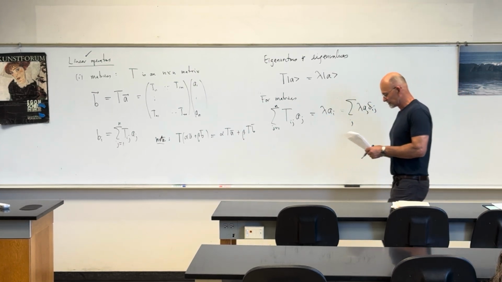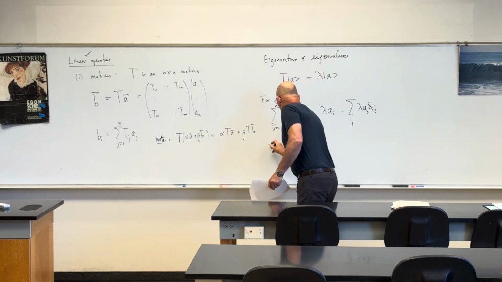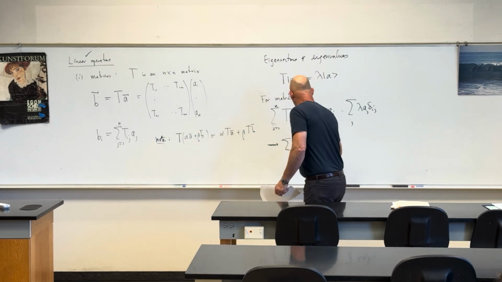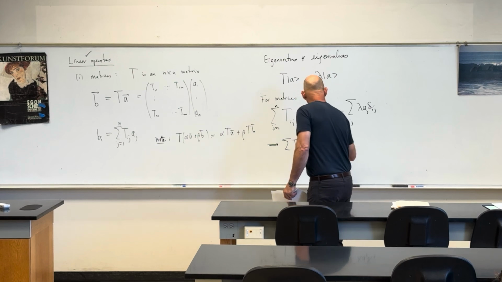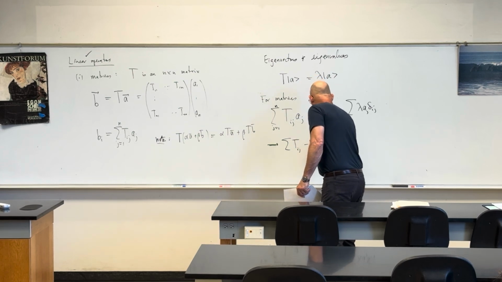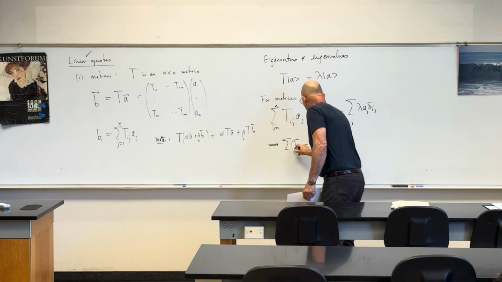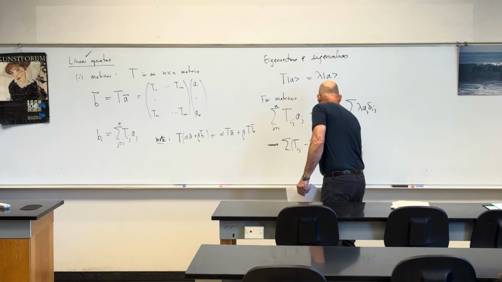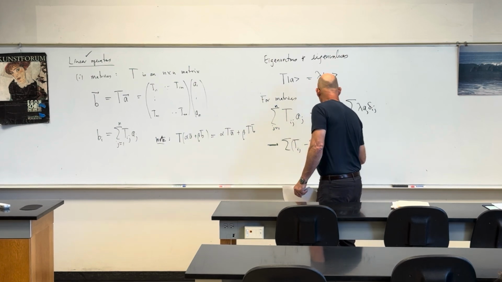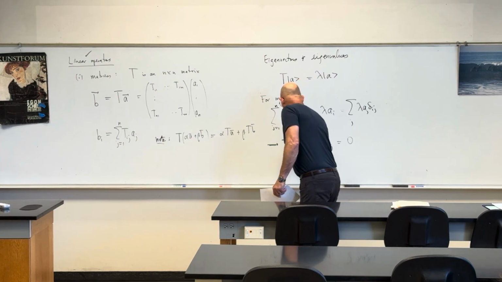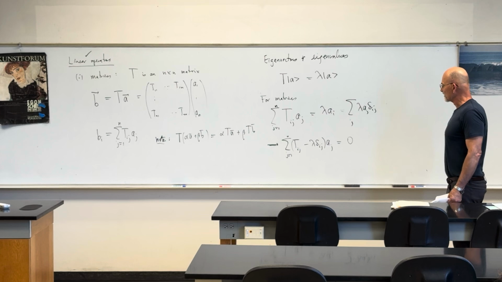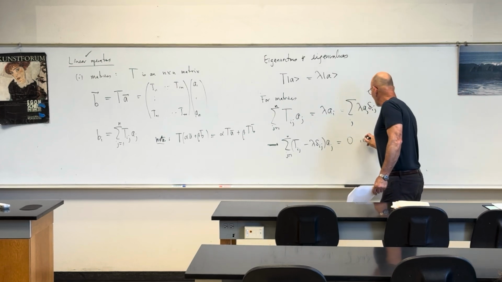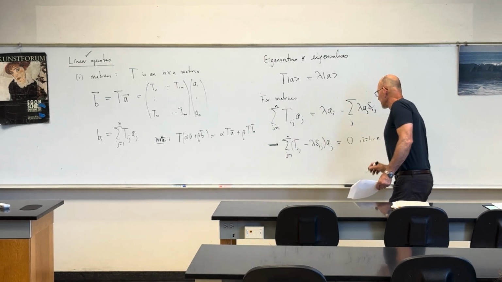And then we sum over T_ij minus lambda delta_ij, times A_j, equals 0, j equals 1 to n. And of course there are n of these, so i equals 1 to n on these as well.